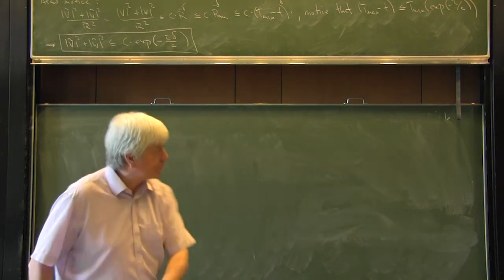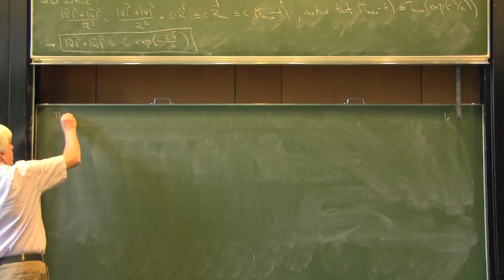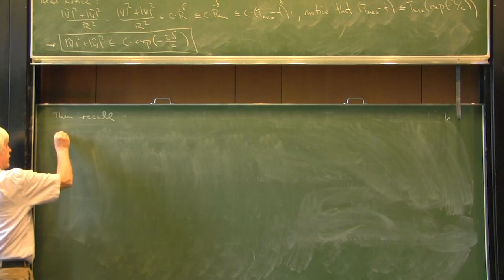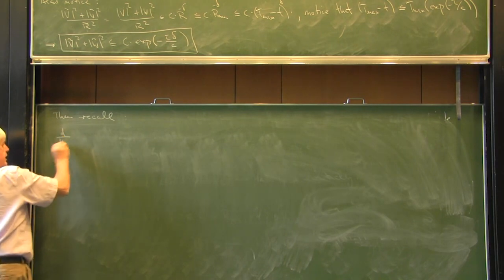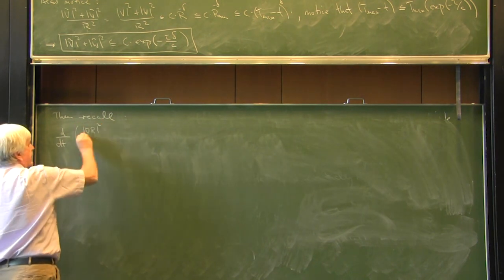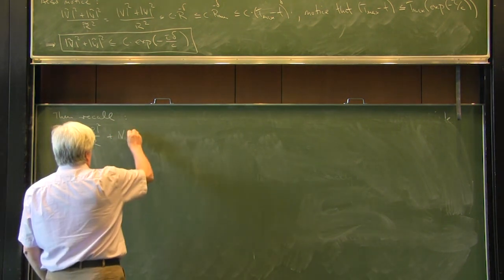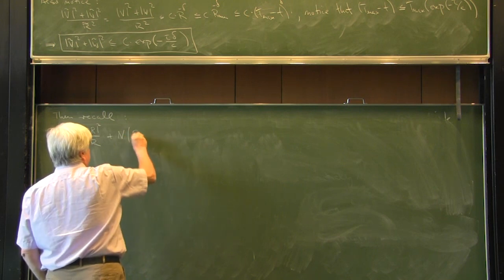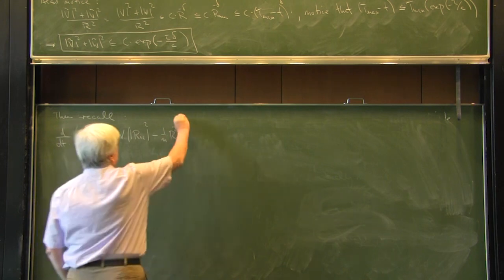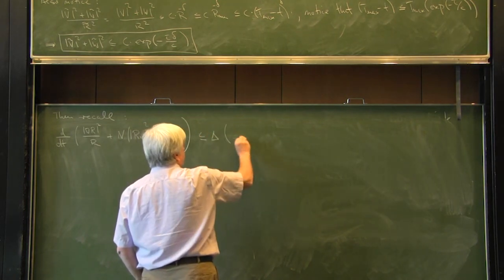So in the next step, recall we had this evolution equation: d/dt of gradient r squared over r plus n times traceless Ricci tensor, and we had that this is less than the Laplacian of this whole thing.